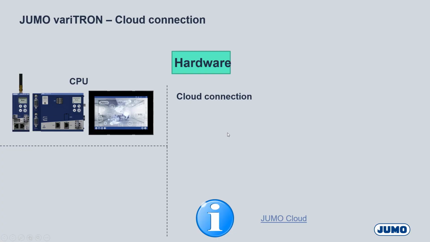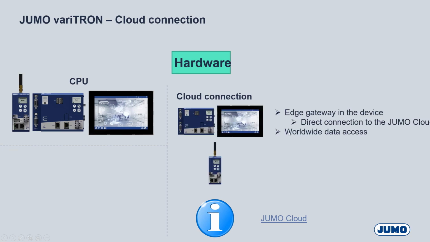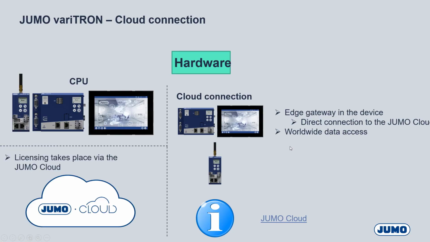Then one point is the cloud connection. More information can be found in the help center for the JUMO Cloud. What we have to know is that an Edge gateway, so a software gateway, is integrated into every device. So we can realize the direct connection to the JUMO Cloud, and so we have worldwide data access to your process data.